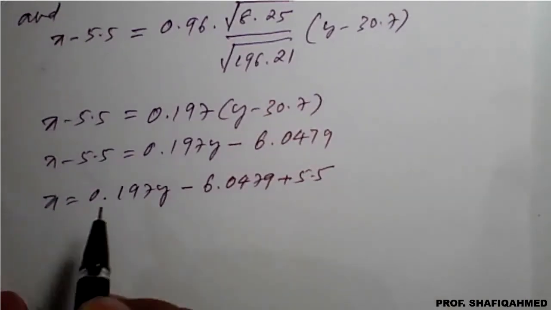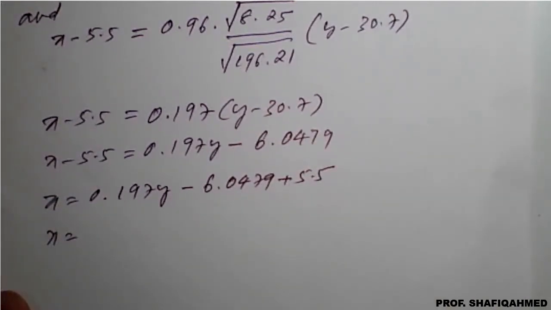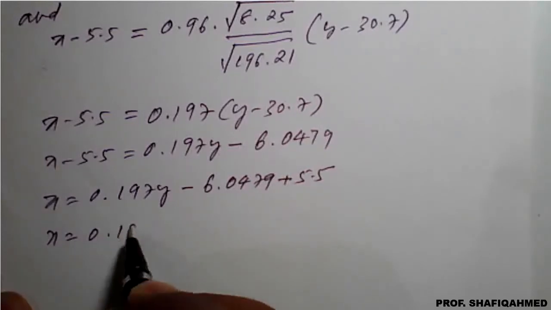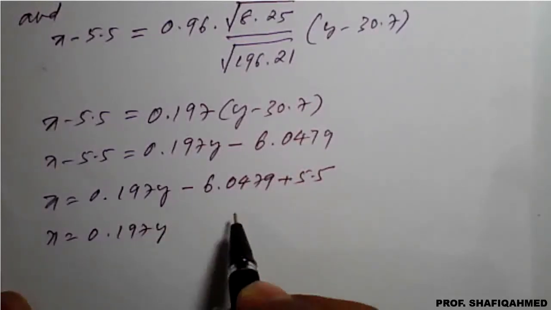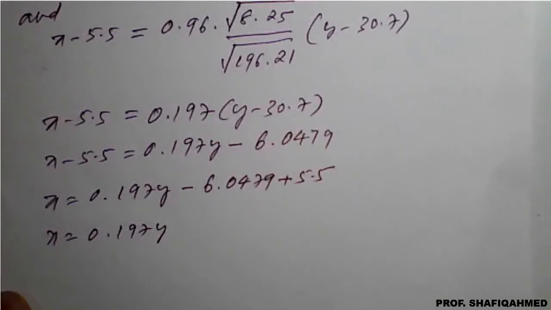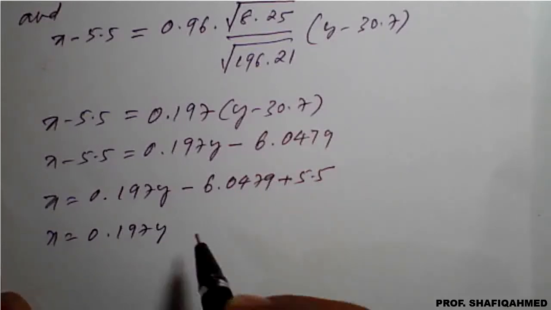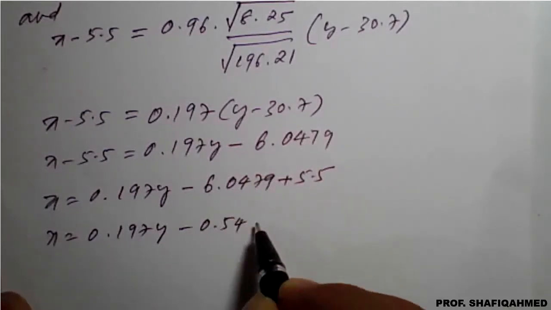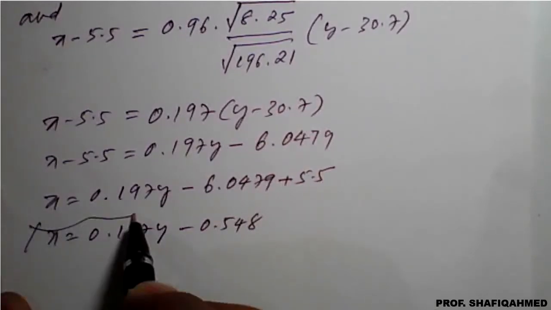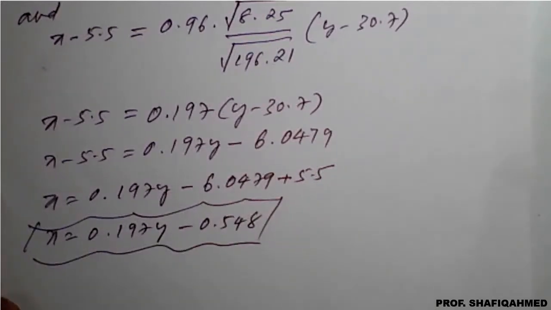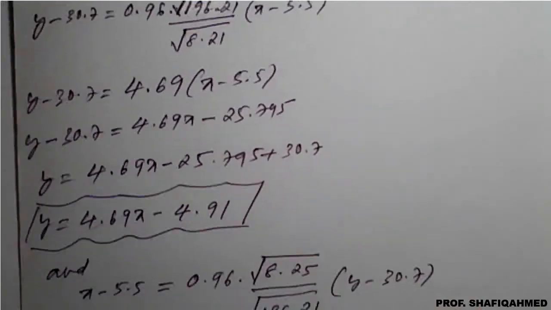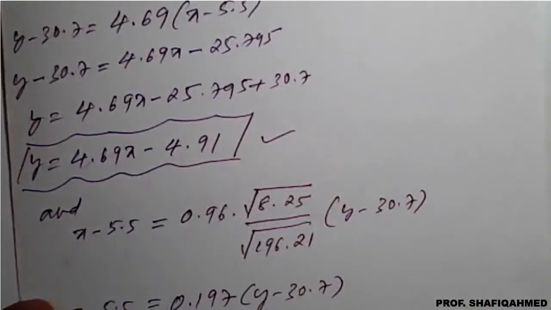So if you calculate, x is equal to 0.197y, and if you subtract, that is minus 6.0479 plus 5.5, we get the answer as minus 0.548. So this is the second regression line. In this way we need to calculate the regression lines here.